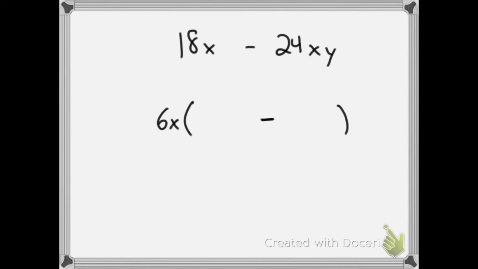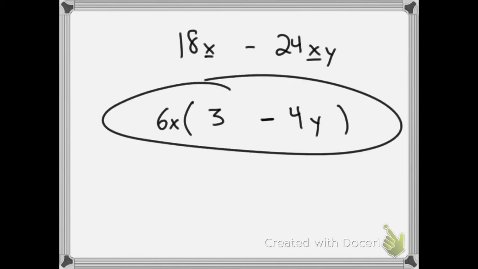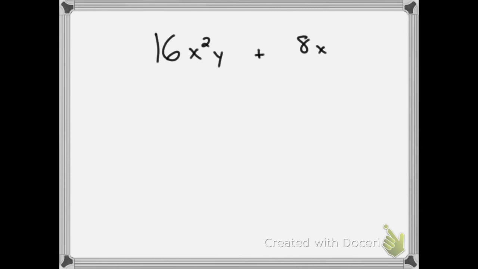Okay, so the only reason we're doing that, and we didn't do it with our other examples, is that the x is common in both terms. Okay, so that's pulled out. So 6x times 3 will give you 18x. 6 times 4 gives you 24. We do not need to write the x again, okay? But we do need to write the y. Now the y wasn't pulled out because it was not with our first original term, so this would be our final factored expression.